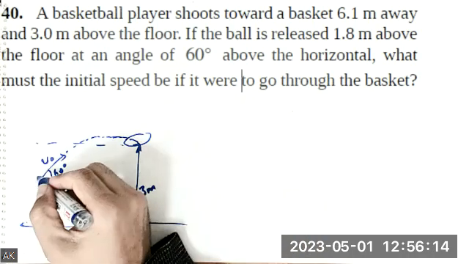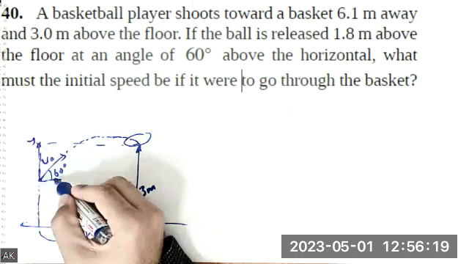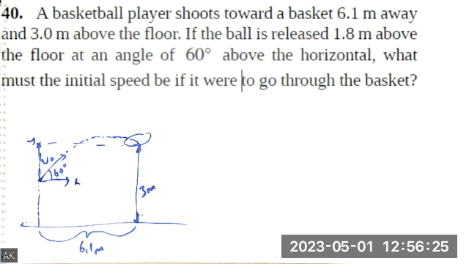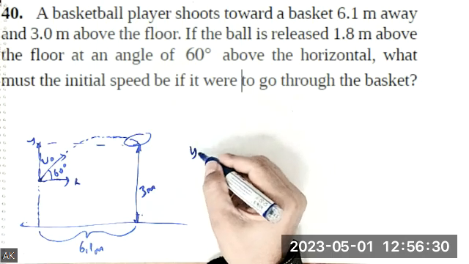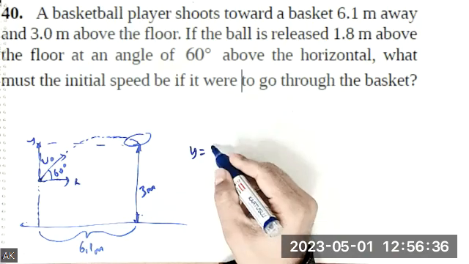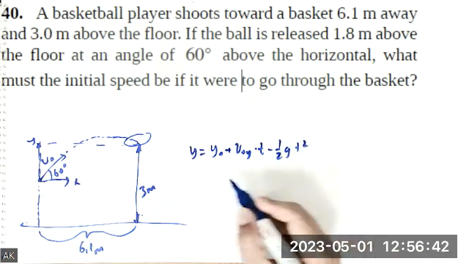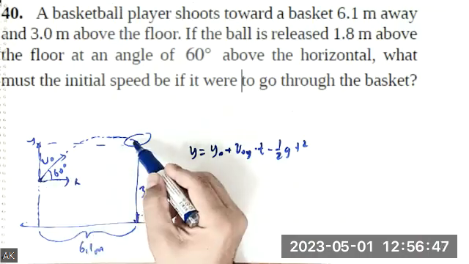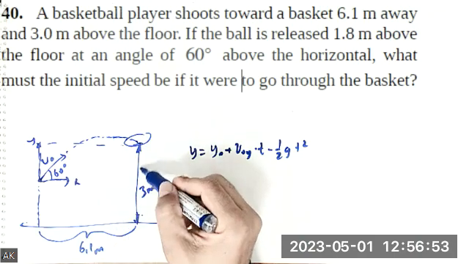So if you take this as the initial position of the ball, let's put the y-axis over here, and this is going to be the x-axis. This is our origin of the coordinate system. So y and x provide these equations. In projectile motion, y equals y0 plus v0y times t minus 1/2 g t squared. When the ball reaches over here, y is 3 meters above the horizontal.